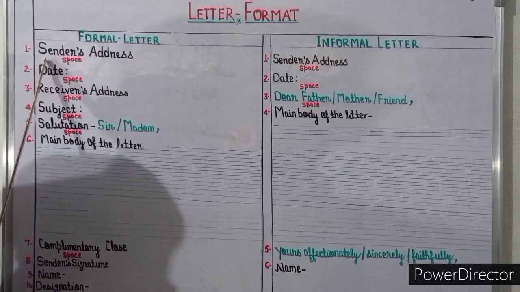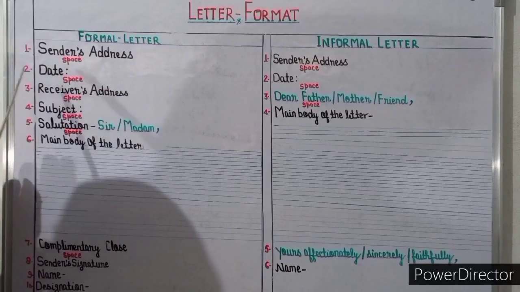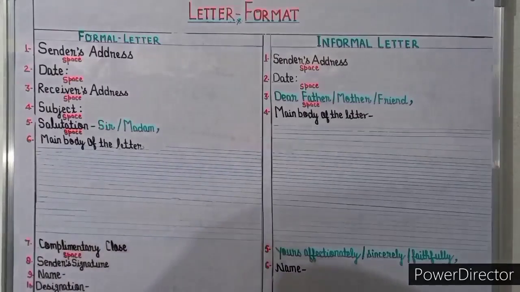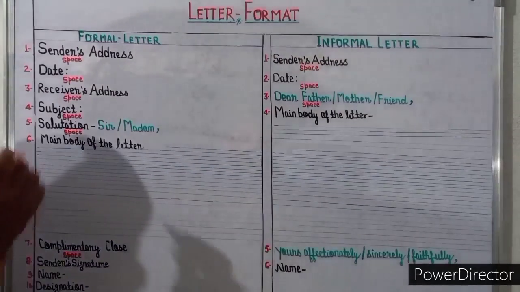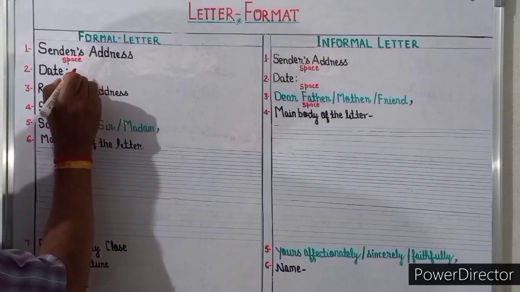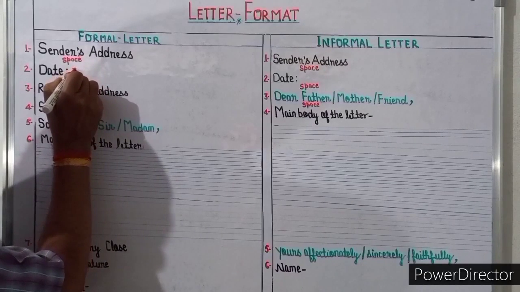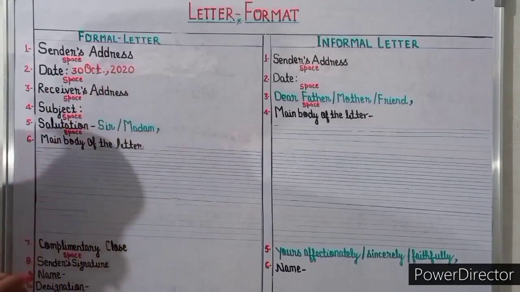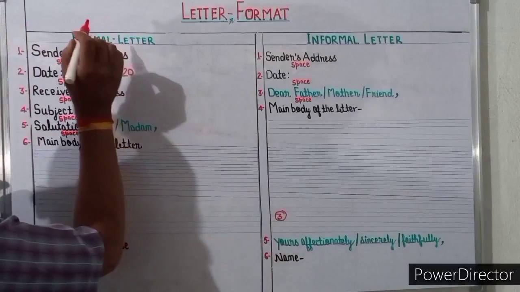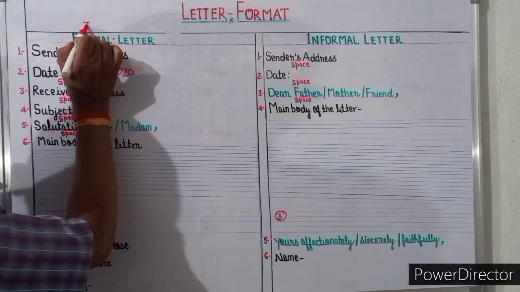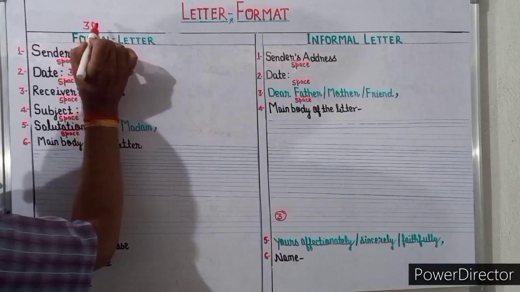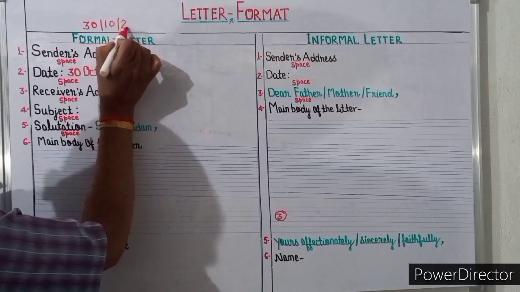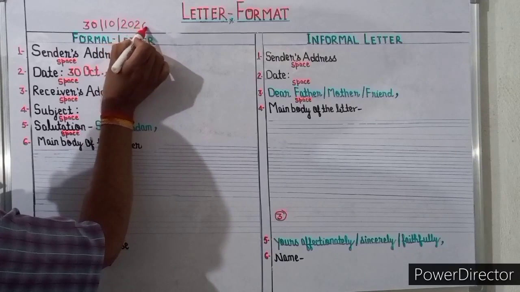Then there is date. I have numbered these points as 1, 2, 3, 4 up to 10. If the date is 30th October 2020, you should write thus. Dear students, avoid writing date in this way: 30, 10, 2020.